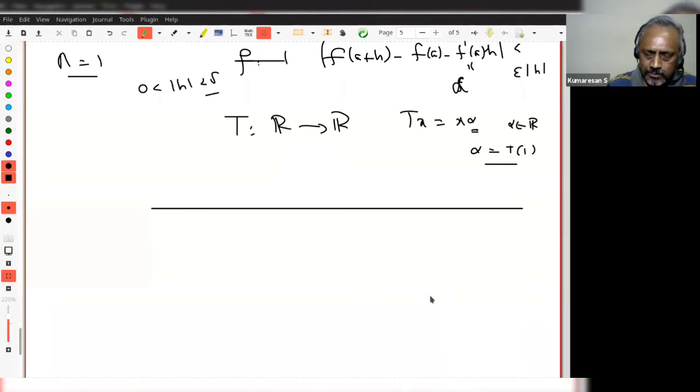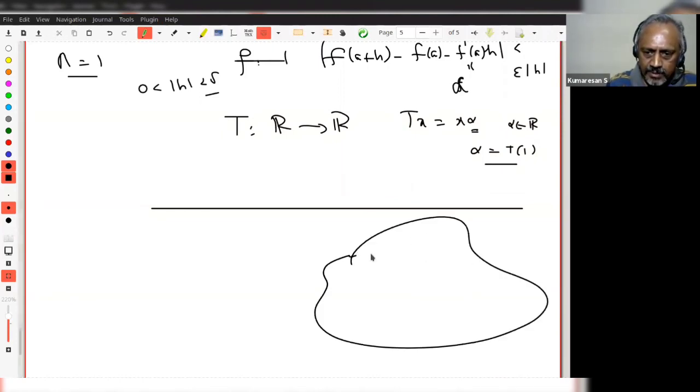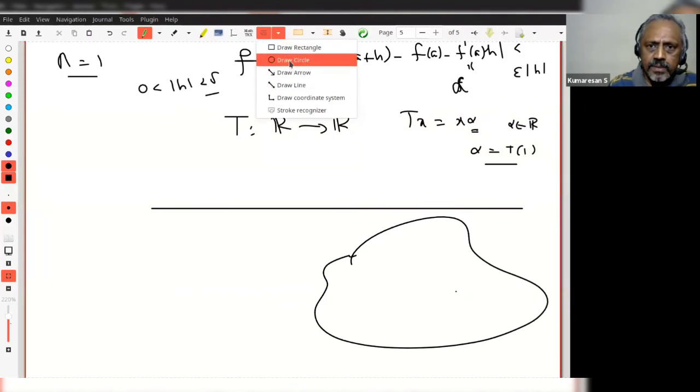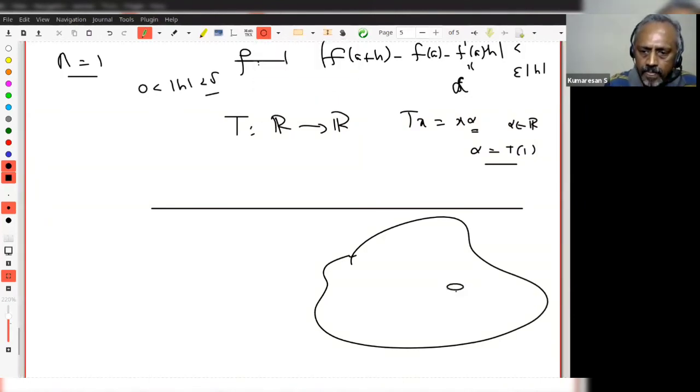Now I want to do one step better. Let me look at the picture. So U is somewhere here and this is my A. I want a big one. Ah, good.